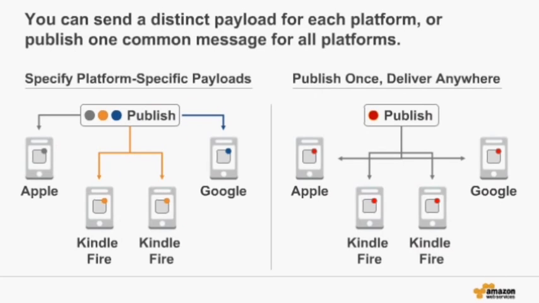If you'd like to specify a platform-specific payload, you can do that, and you can send the exact API expression that you would ordinarily have sent directly to Apple's push notification service, or Google's or Amazon's.